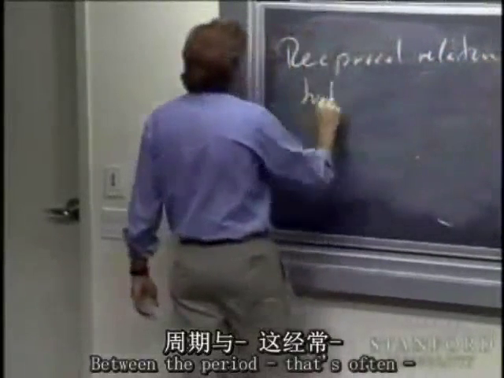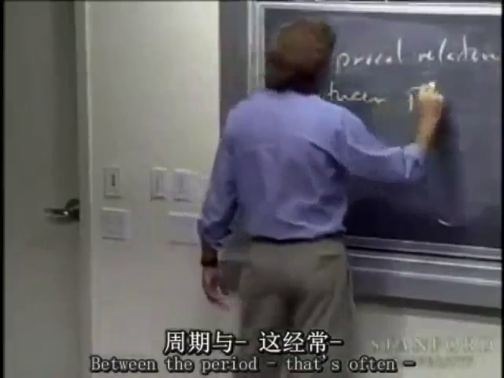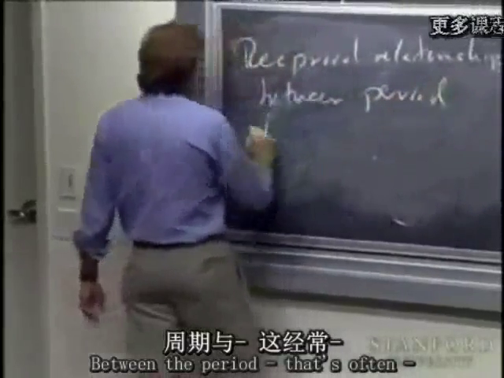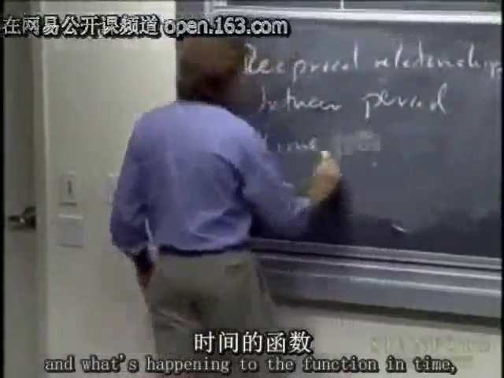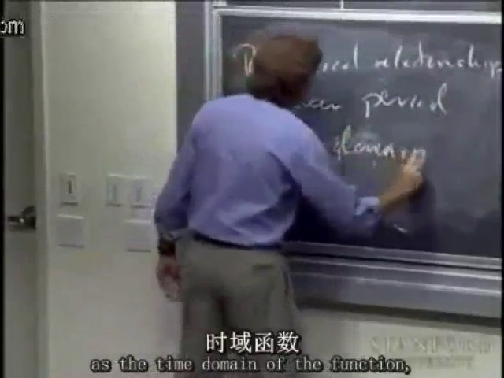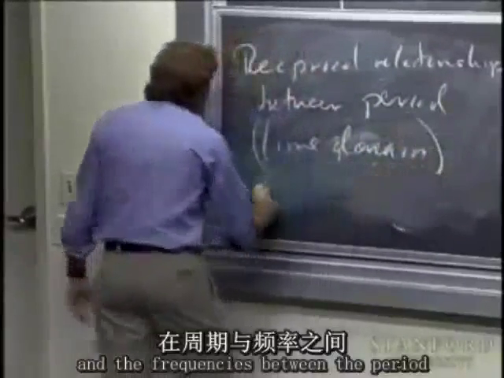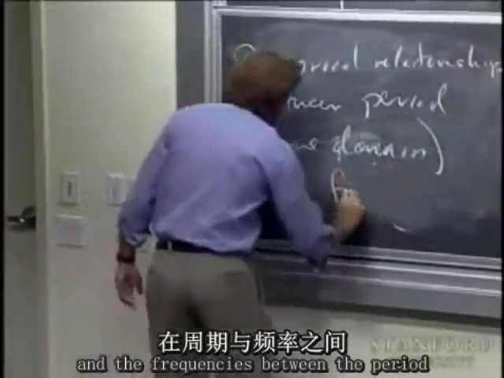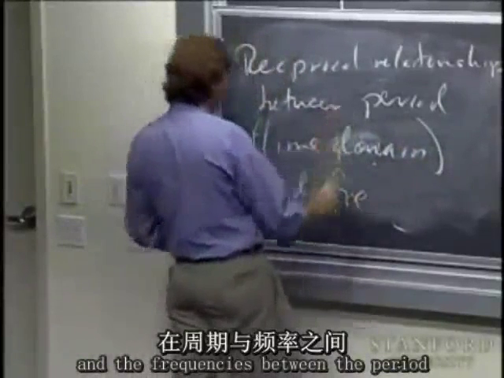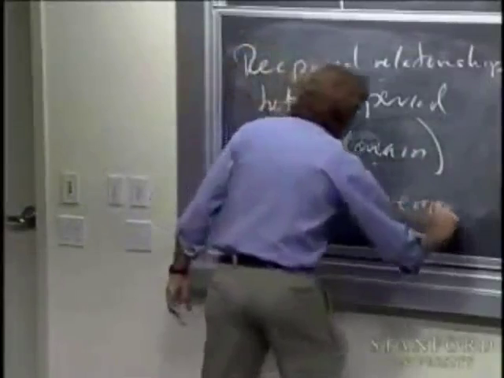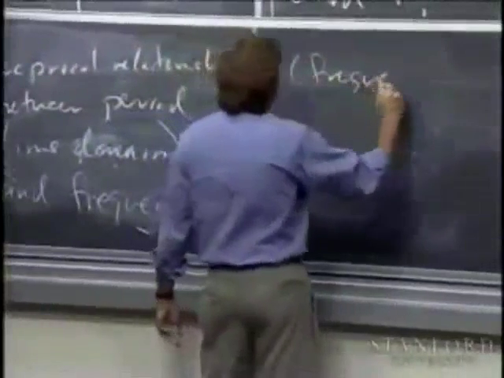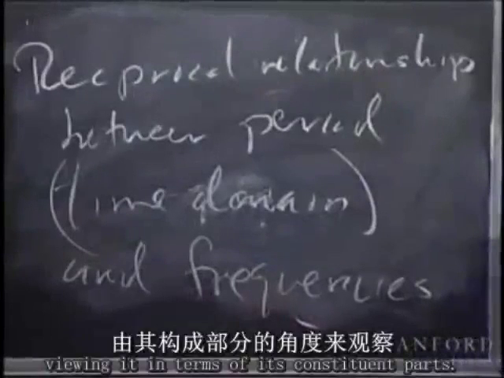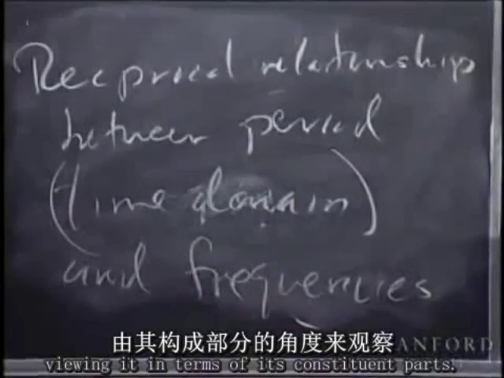Between the period, that's often in what's happening to the function in time, what's sometimes referred to as the time domain of the function, and the frequencies, or viewing the function in the frequency domain, viewing it in terms of its constituent parts.